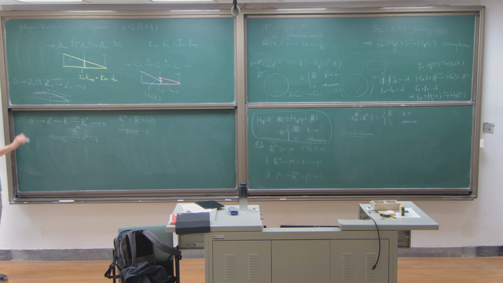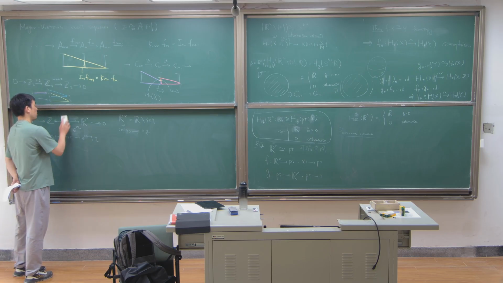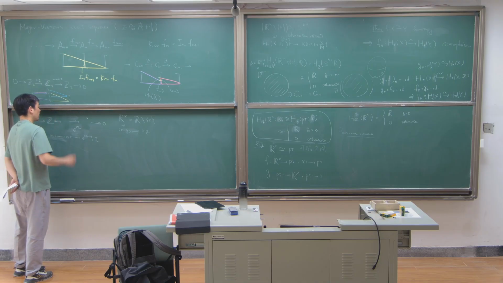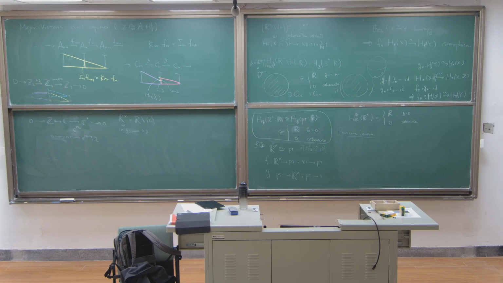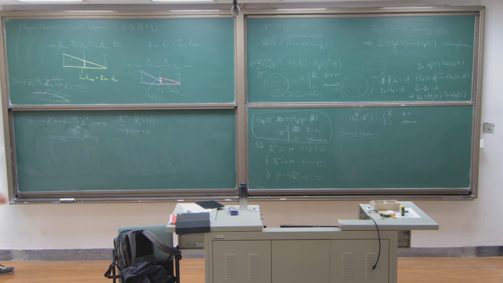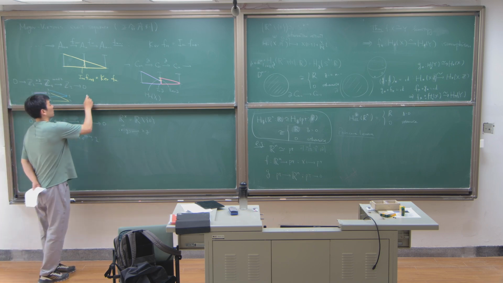So everything is mapped to 1. Sorry, I think R is not good, C is bad, sorry. This is called a short exact sequence if there are only 3 elements up here.